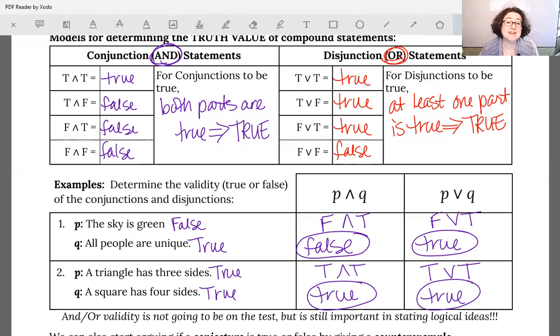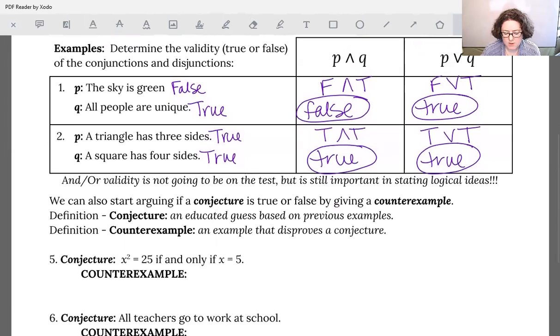And so this piece is definitely going to be on our test. This is important to remember and important to be able to figure out what a counterexample is if you have a statement that you know is false. And so to get a little bit more specific on this, when we're talking about counterexamples, you're also going to hear us use the word conjecture.